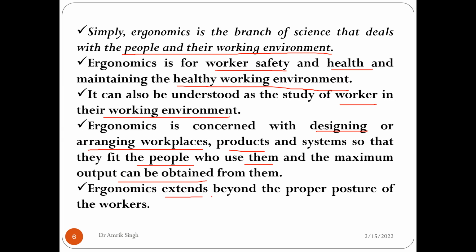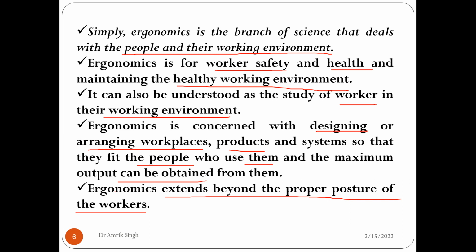So ergonomics extends beyond the proper posture of the work. Earlier, the very crude meaning of ergonomics was taken as how comfortably a person can sit or stand with the machine and interact. But now it is a very inclusive definition, which is concerned with the overall system performance and the working environment, safety, efficiency, and productivity.